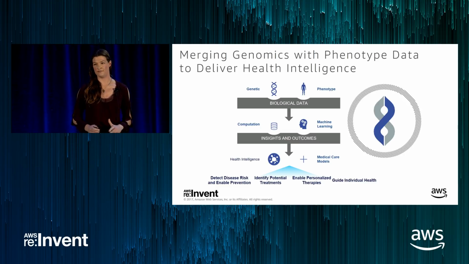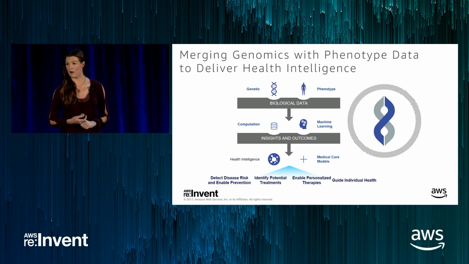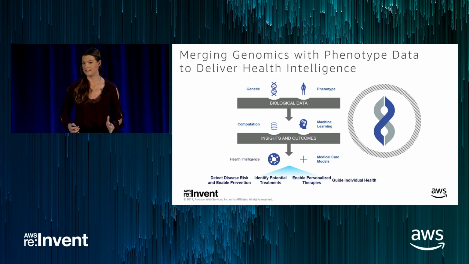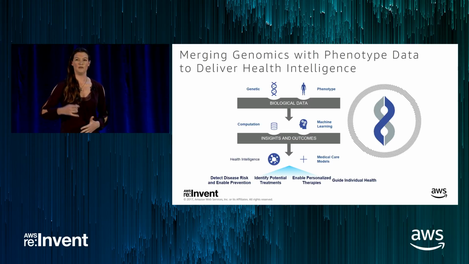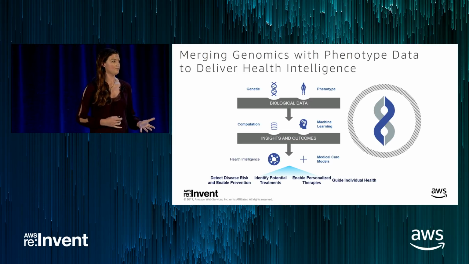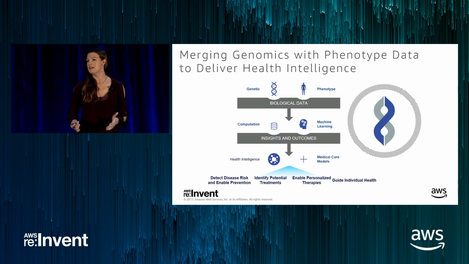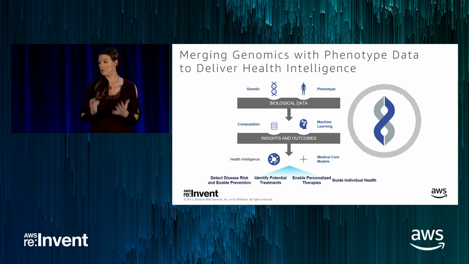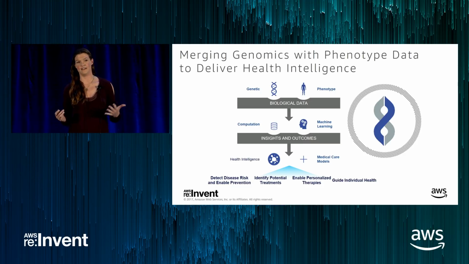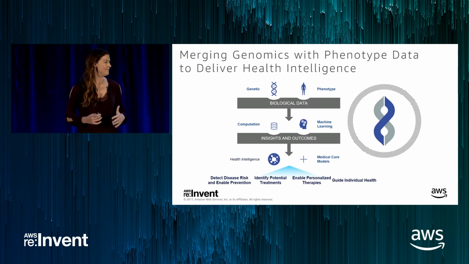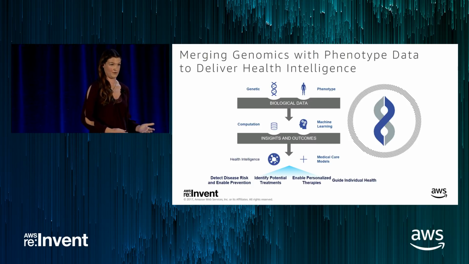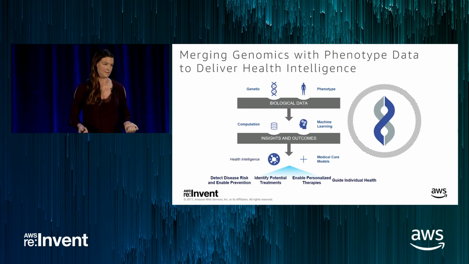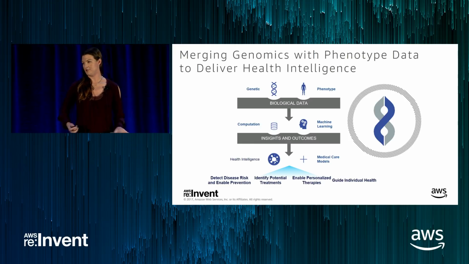So some examples of that phenotype data can be a full body MRI and brain MRI, CT scans, blood labs, other types of tests, and gathering information like height, weight, other information about their medical history, etc. Then from there, we sequence their genome and analyze their data, and then the result is we give them back a report that is their health intelligence. So we can give them information like, hey, you might have these risks for cancers based off your genome, or these neurological risks. But we can also give them some fun information like their ancestry, or whether they turn red when they drink alcohol.